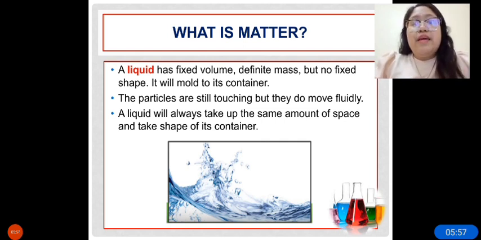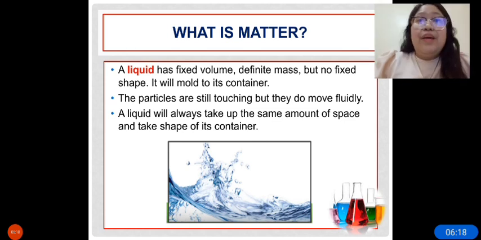Now let's think about the tiny particles that make up the water. In a liquid, these particles are close together, but we should take note that they are not as close as in a solid. And here's the cool part, particles of liquids can move around freely.